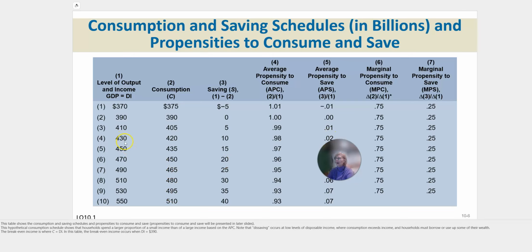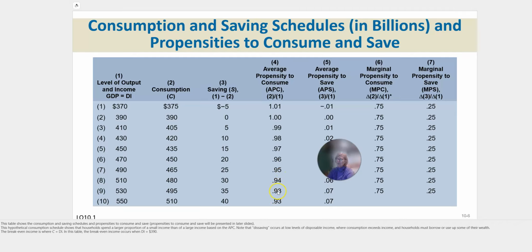Each time we go up by 20 billion, our consumption goes up, but not by the whole amount, and our savings goes up again. But each time, our tendency to spend gets smaller and smaller: whole, 99%, 98%, 97%, 96, 95, 94.